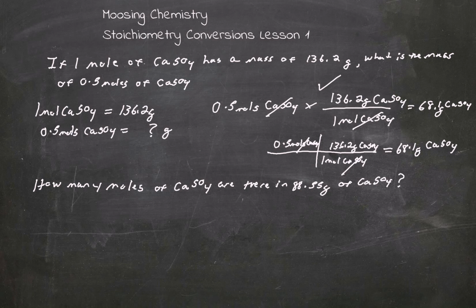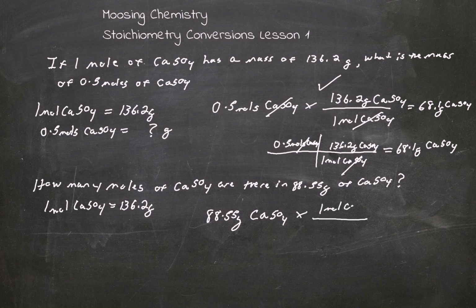So now we want to know moles, and we have grams. So we're going to go, okay, the molar mass of CaSO4, which was predetermined in this case, is 136.2 grams. Okay, great. So now we're going to go 88.55 grams of CaSO4 times 1 mole of CaSO4 divided by 136.2 grams of CaSO4.